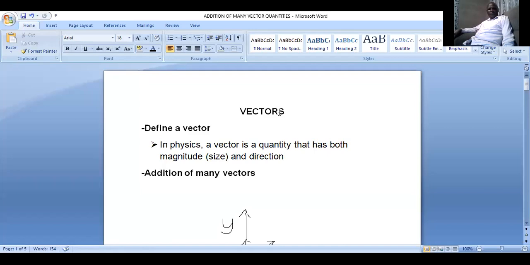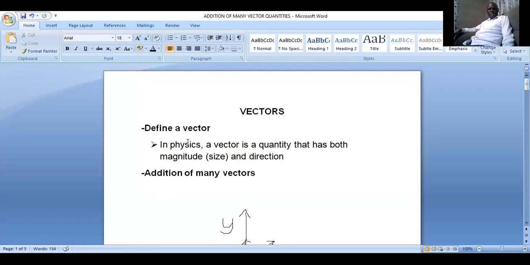So what are vectors? In physics, we can define them as quantities that have both magnitude and direction. In other words, a vector quantity should have size as well as direction.